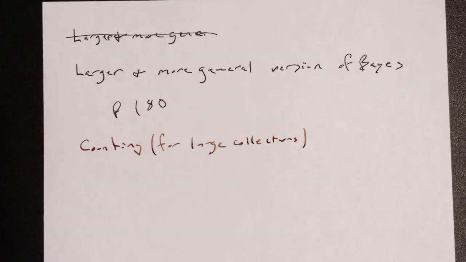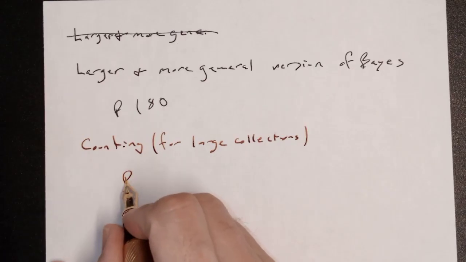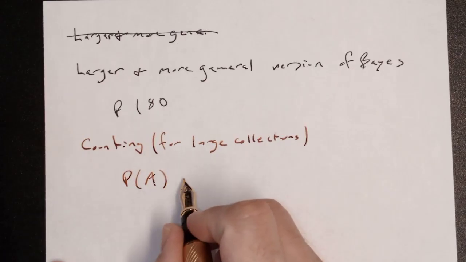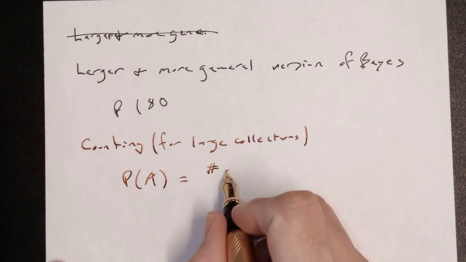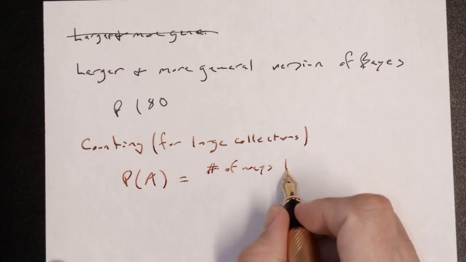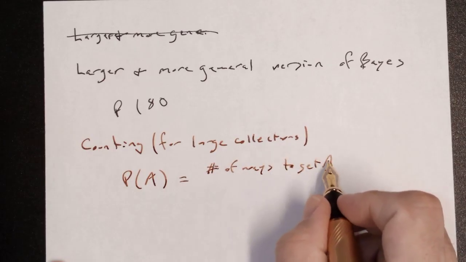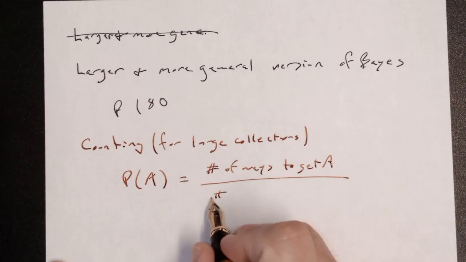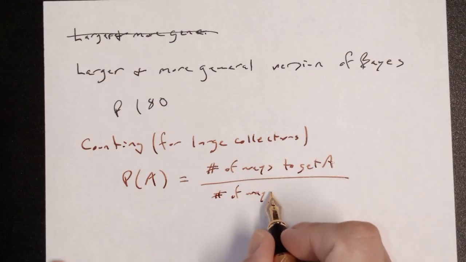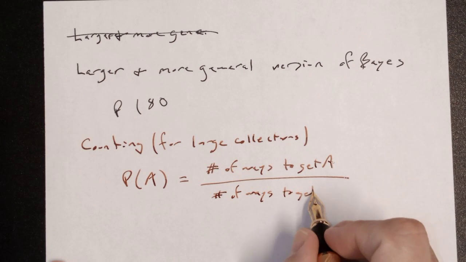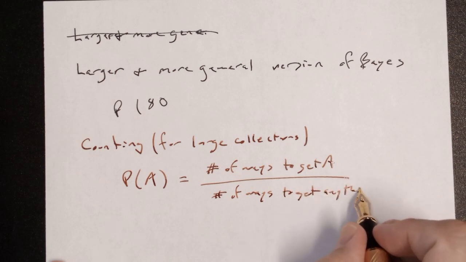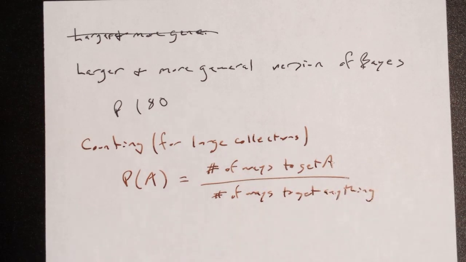So when I think about the probability of an event A, that is the number of ways to get A out of the number of ways to get anything, regardless of what I'm counting.